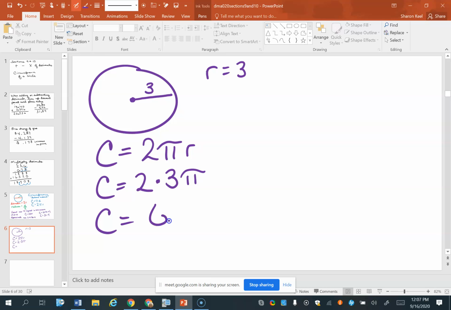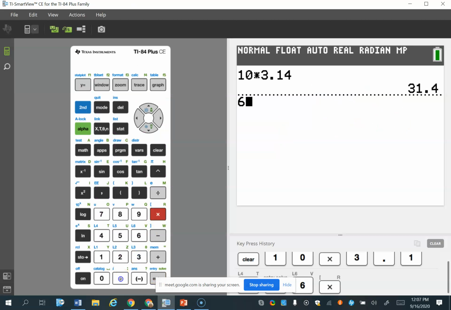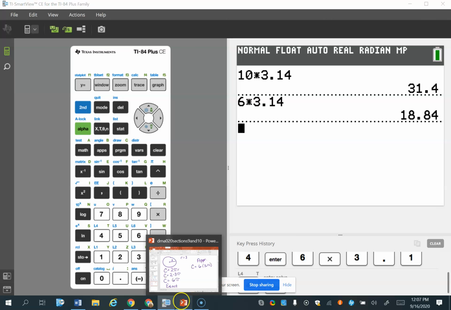So you would write 6 pi, the exact answer. If they want the approximate answer, do 6 times 3.14, which would give us 18.84.